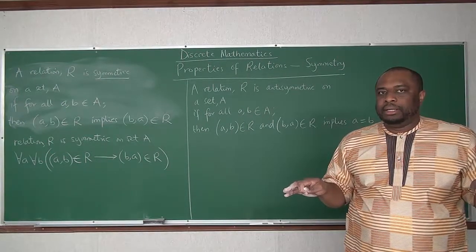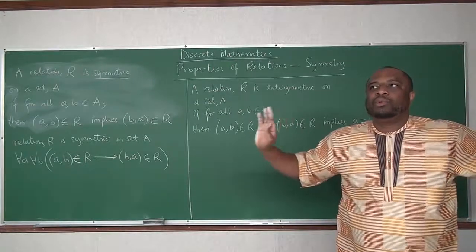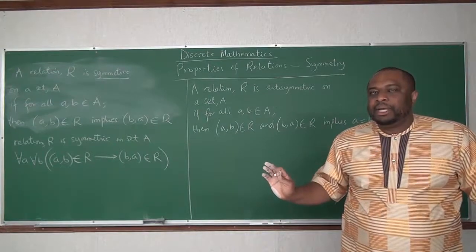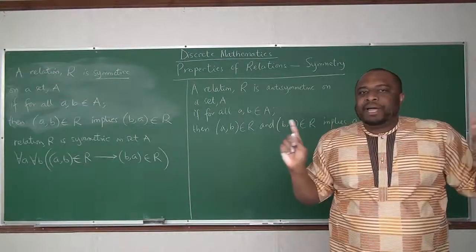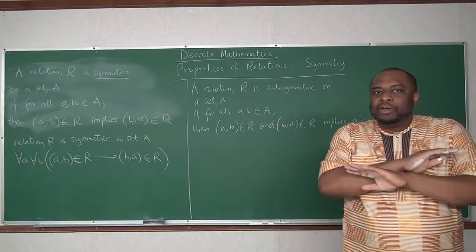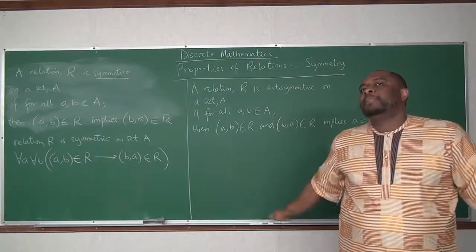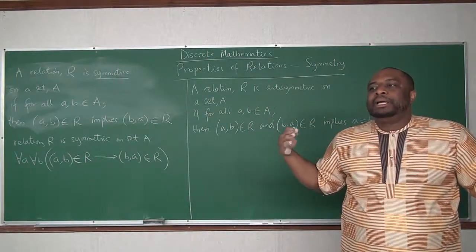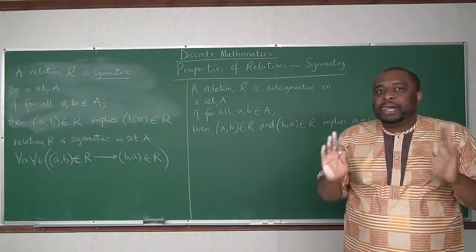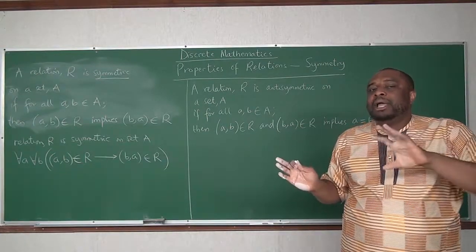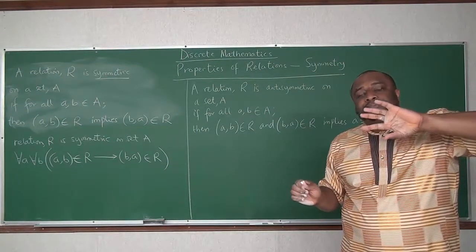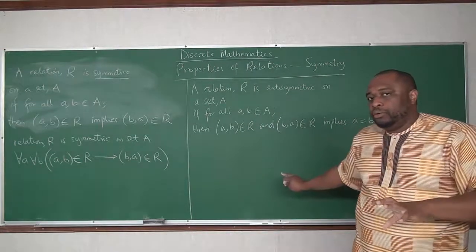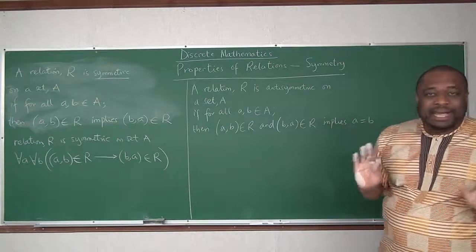This can only occur when A is equal to B. With a relation, if we can observe that the property does not hold for one case, we say that the property does not hold. If anytime we see that A relation B is the same as B relation A with A not equal to B, then this property will not hold. This will only hold when A is equal to B.